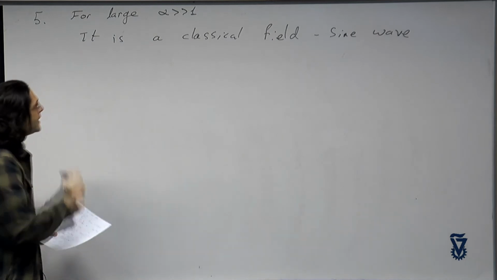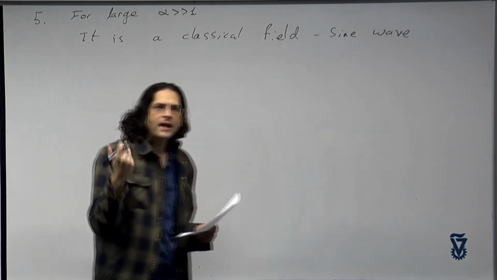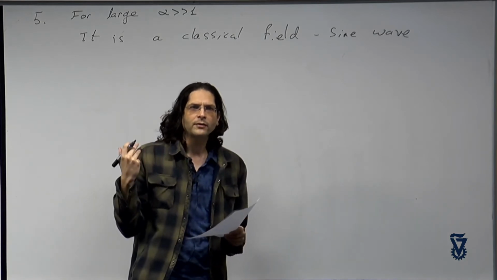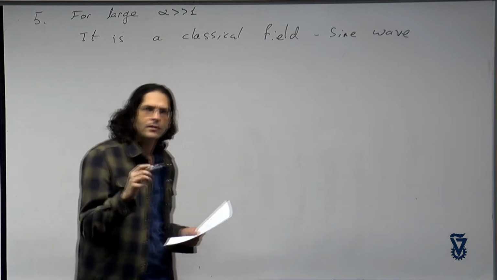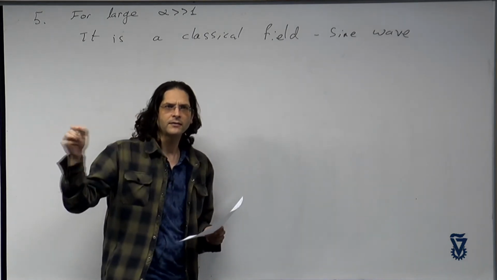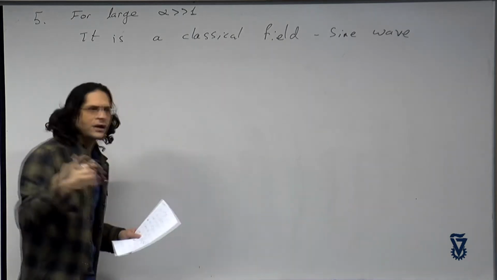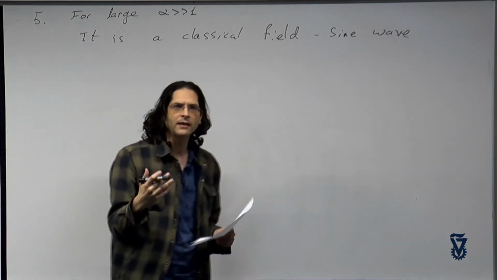Now, how do you see that? Well, to see that, basically what you want to do, remember, is take the electric field operator that I gave you last time. E was proportional to a dagger minus a. It has the exponentials with omega t and everything, but you can apply that to a coherent state.